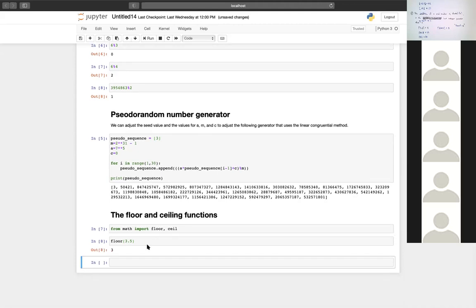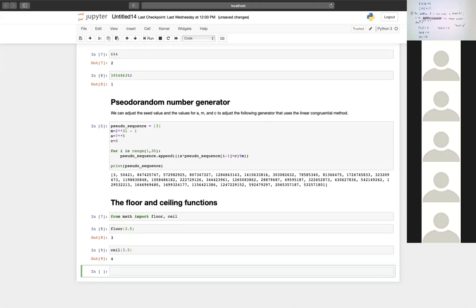The floor of 3.5 is 3, and we know that its ceiling is 4. So let's just double check that as well. Good. So both of these functions, the floor and the ceiling functions, you will find, I believe, in almost every programming language, at least all the ones that I'm familiar with, have these functions built in.